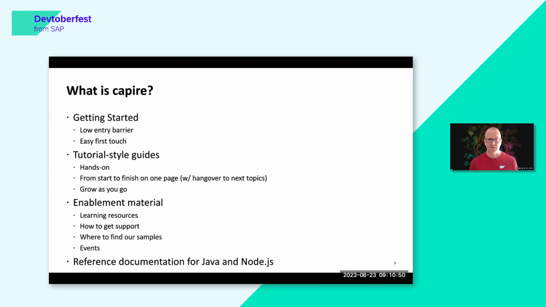Then we have some tutorial style guides. They are designed to be hands-on and self-contained. So from start to finish, you will get to know one feature, one capability on one page. Some topics relate to each other.